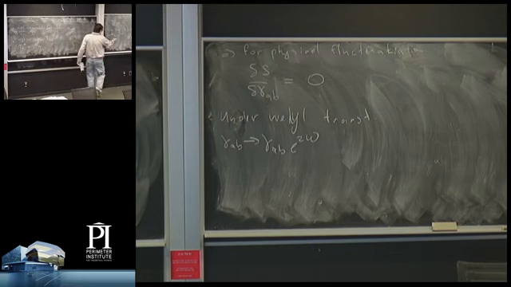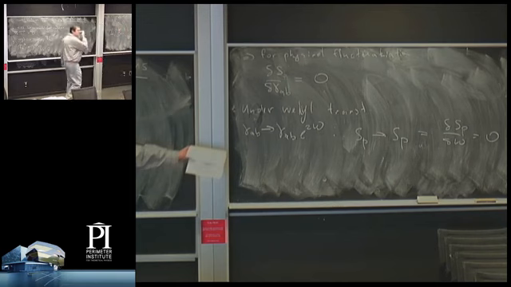The important thing is this is true for any ω. And so in particular, this implies that δS_P over δω equals 0, right? So if I try to vary the particle action with respect to ω, I will get 0.